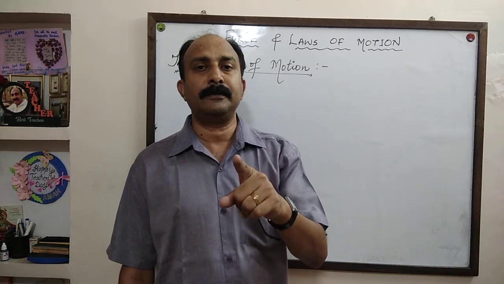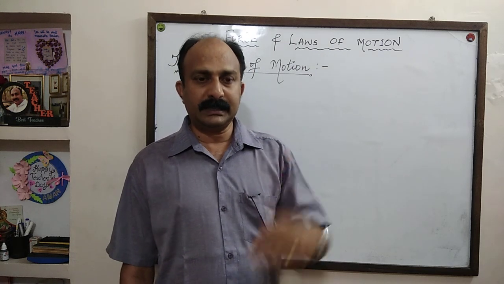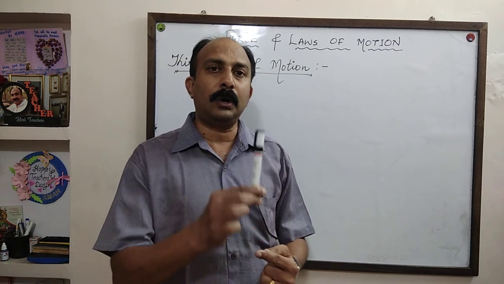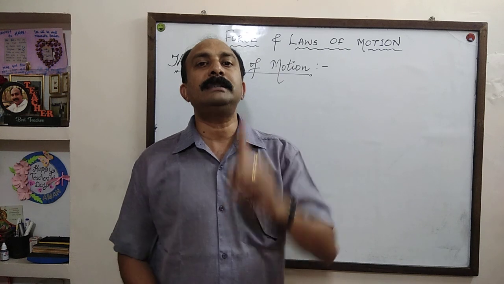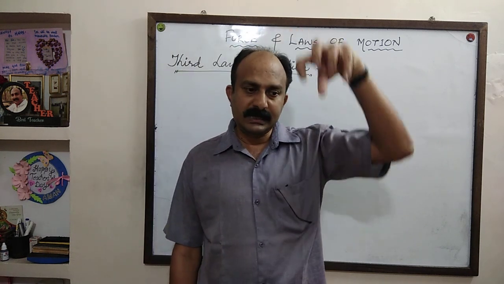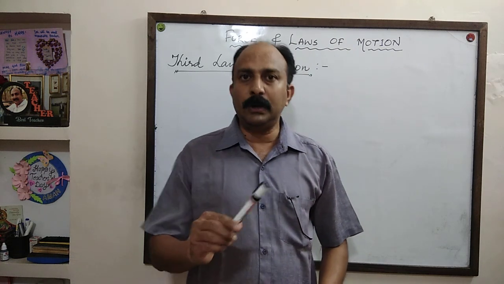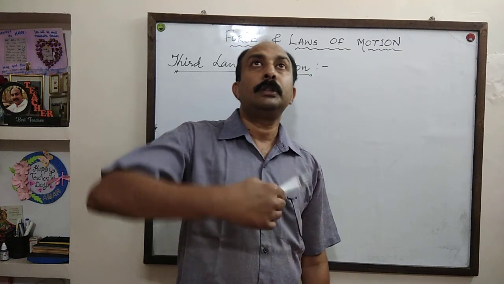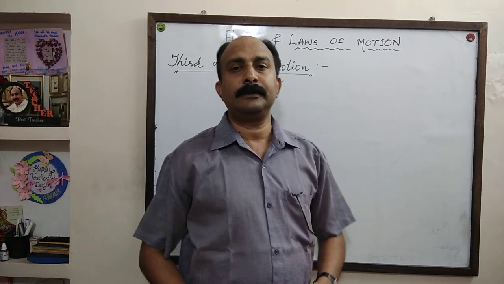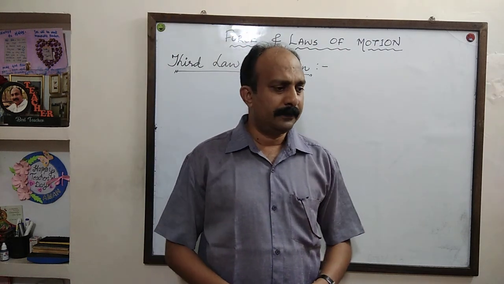That is action. Due to this force exerted downward, an opposite force will be acting on the rocket upward. That is reaction. So the force by which hot gases are coming down is equal to the force by which the rocket is moving upward. Action, reaction.